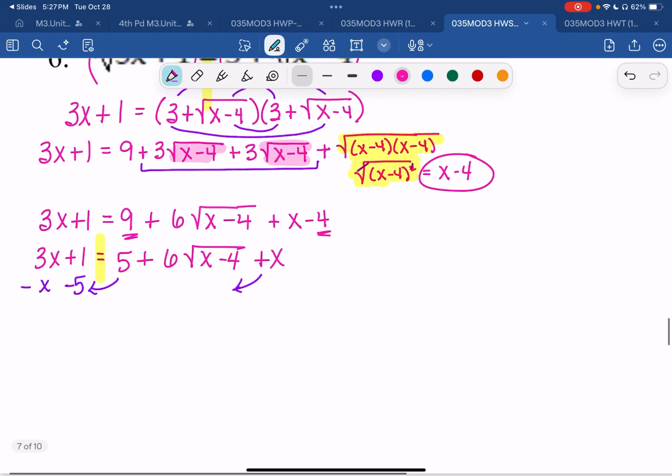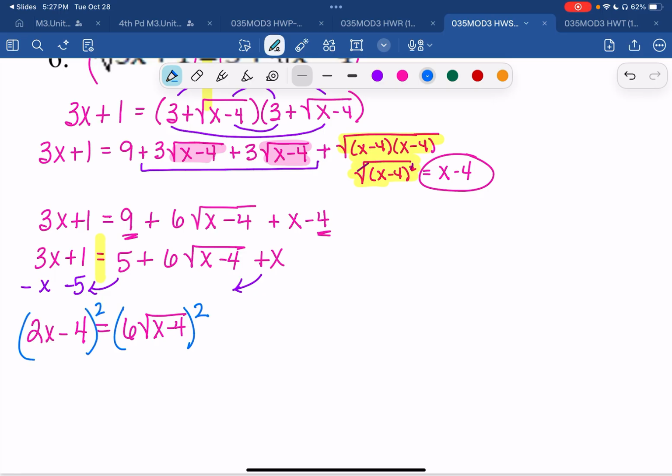Okay, so I've got 2x minus 4, and over here I've got 6 square roots of x minus 4. Okay, all right. So now I've got my square root by itself. There's nothing being added or subtracted to it, so I can square this.